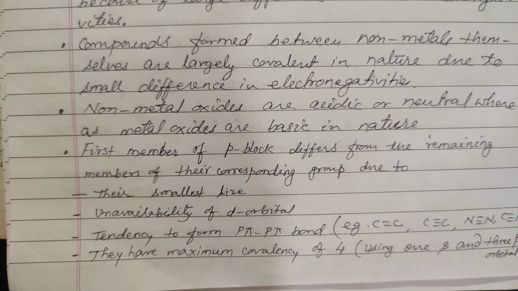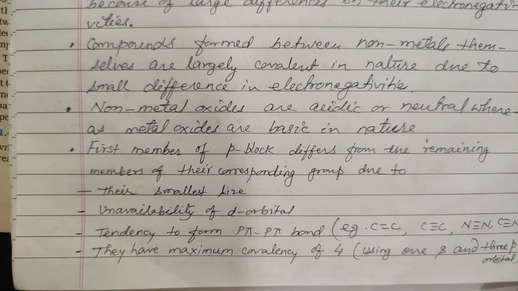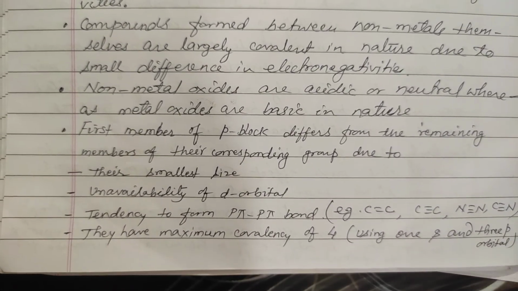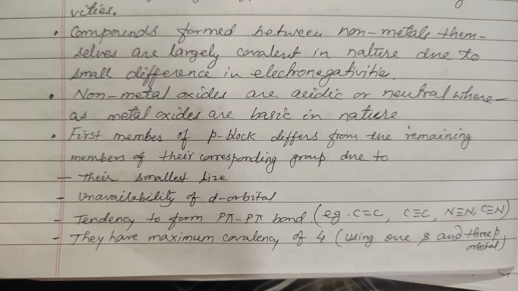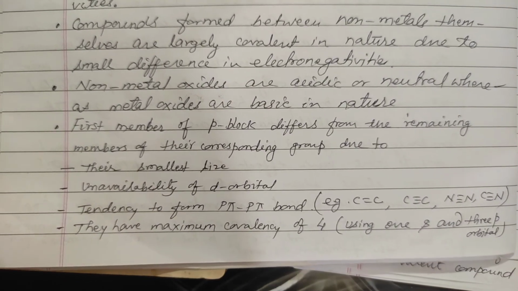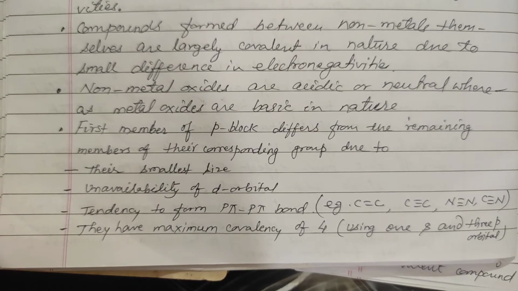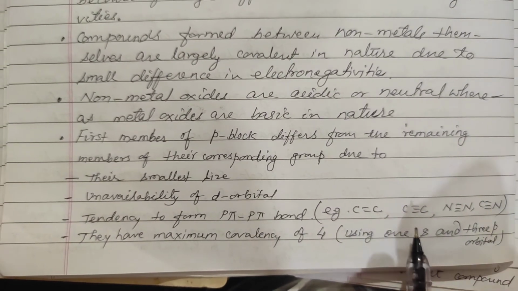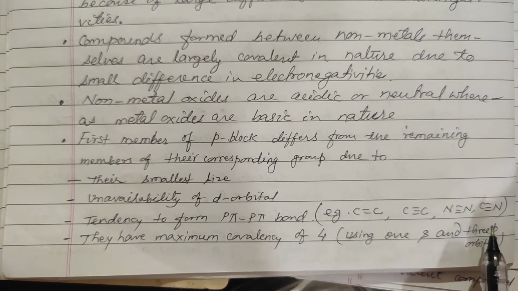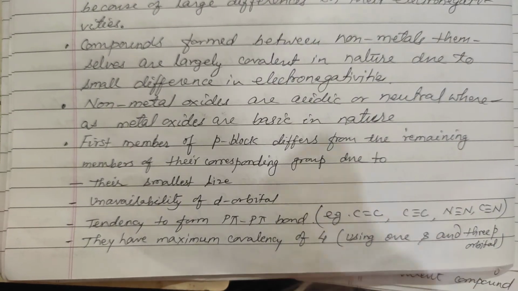The first member of p block differs from the remaining members of their corresponding group due to smaller size, unavailability of d orbitals, and tendency to form p pi-p pi bonds, that is C=C, C≡C, N≡N, C≡N, like that.